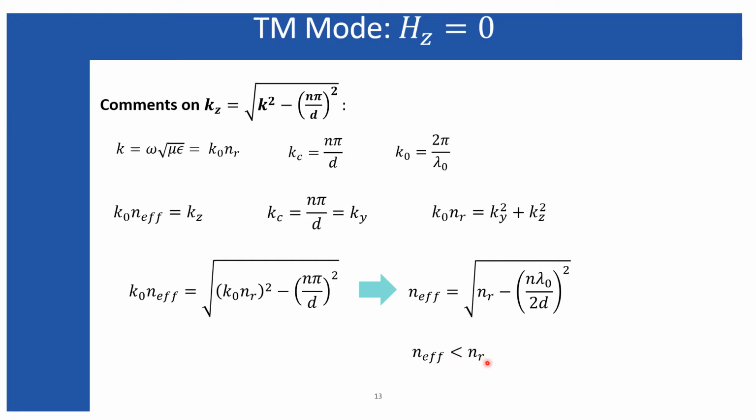And when the refractive index is less than 1, that signifies that the wave is propagating with a speed greater than the speed of light, because the refractive index is defined as the ratio of the speed of light in free space divided by the speed of the wave within the medium we are considering.